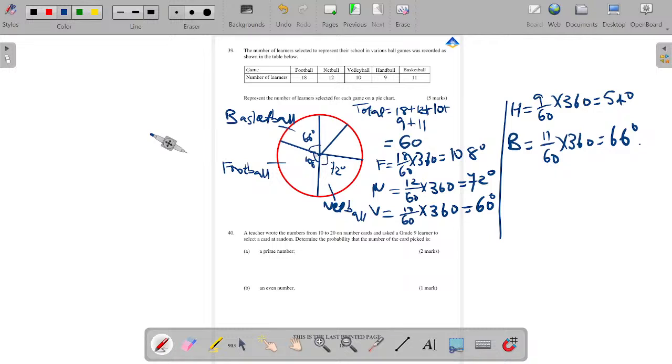Then this one is 54, and it is handball. Then obviously this one here is 60 degrees, and that is volleyball. So that's what you have to answer.